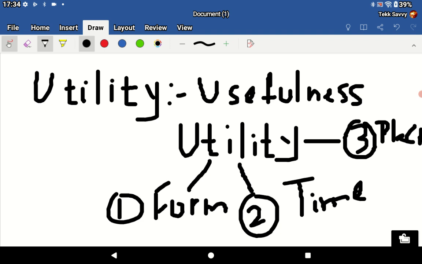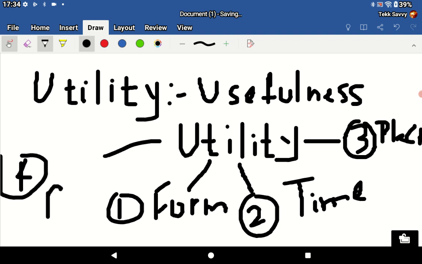And number four has to do with possession utility. So this is possession. I'm just going to type in P for possession. This has to do with the fact that the product may be very easily acquired.